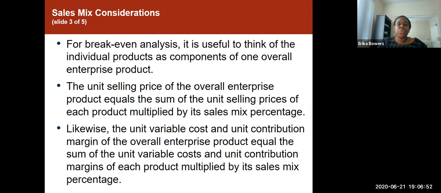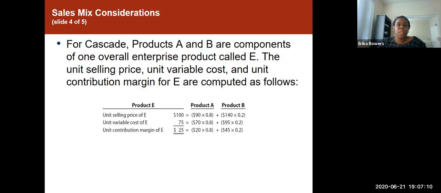So as we go through here, it's going to be important to look at, although this company sells 2 products, to do our calculations, it is going to make more sense to look at it as one overall product. And we call it an enterprise product or product E. And so what we do is we look at our unit selling price of product E is going to be a combination of A and B based upon the sales mix.